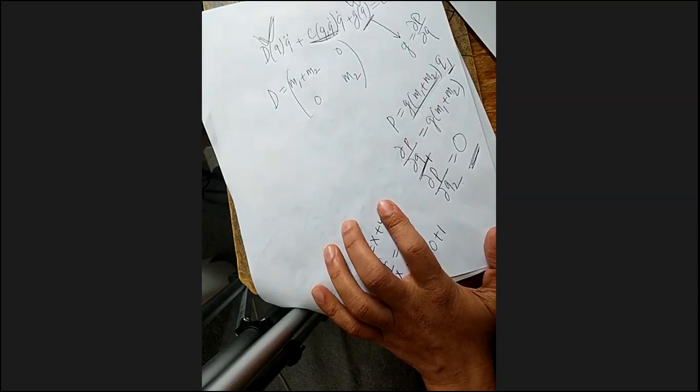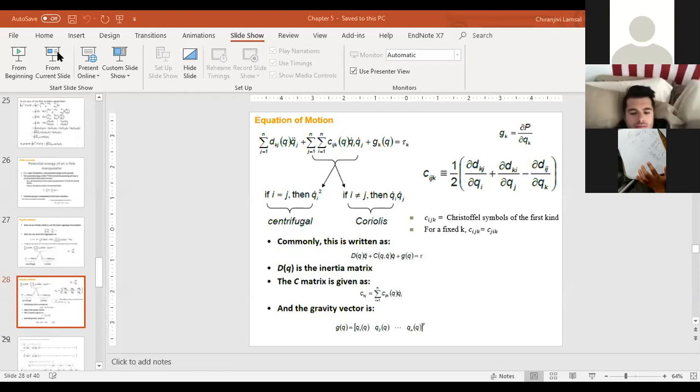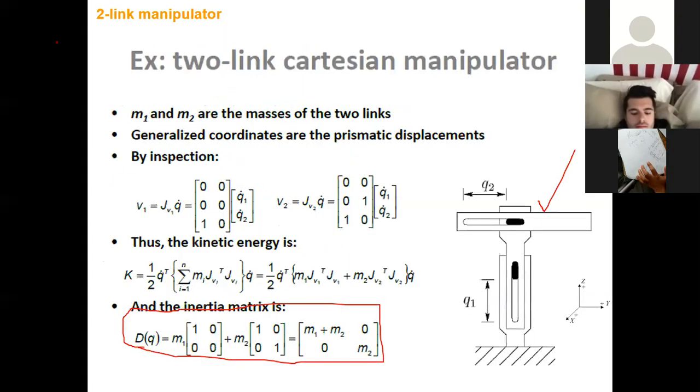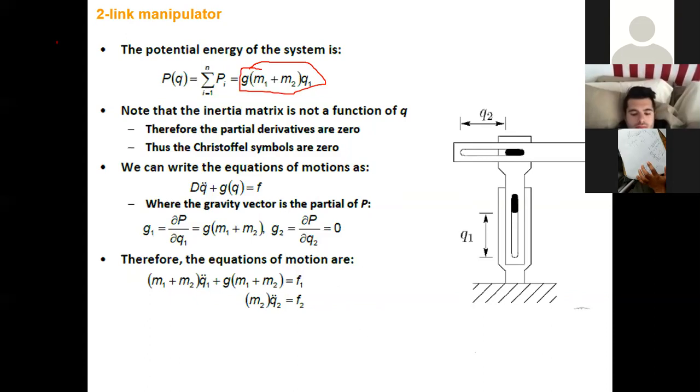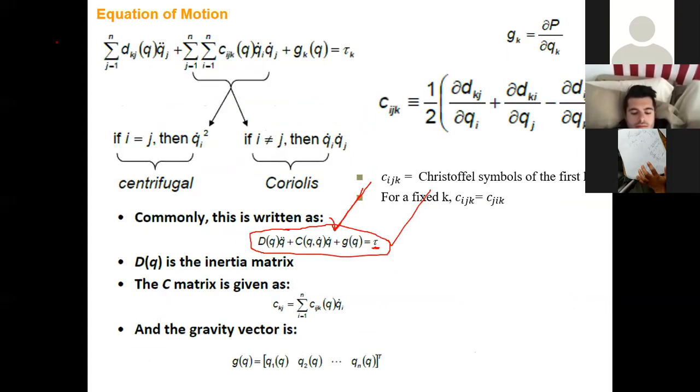I want to finish this badly. Now what is my Christoffel symbol? What is my C? Cijk. Use this formula.